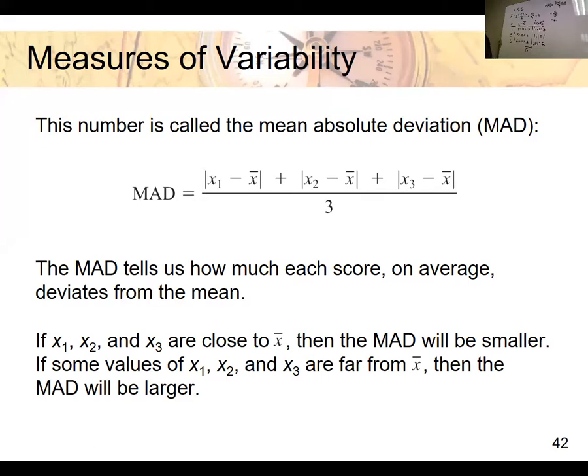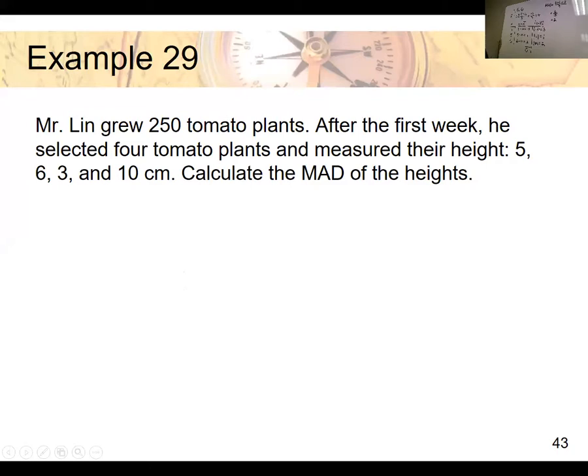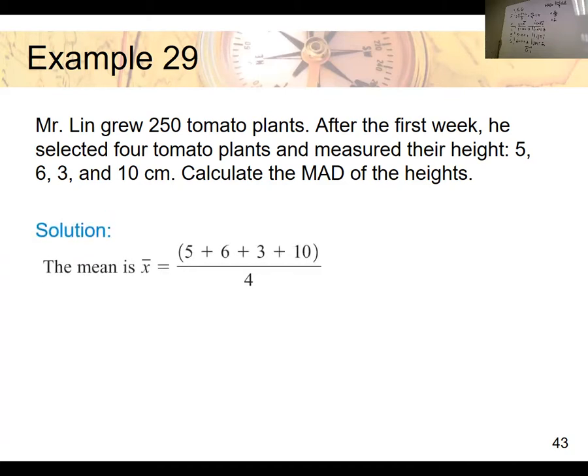Okay, so such a problem like this one. Mr. Lin grew 250 tomato plants. After the first week, he selected 4 tomato plants and measured the height: 5, 6, 3, and 10 centimeters. Here we want to calculate the mean absolute deviation of the heights, or MAD. The first thing you have to do is find the mean.